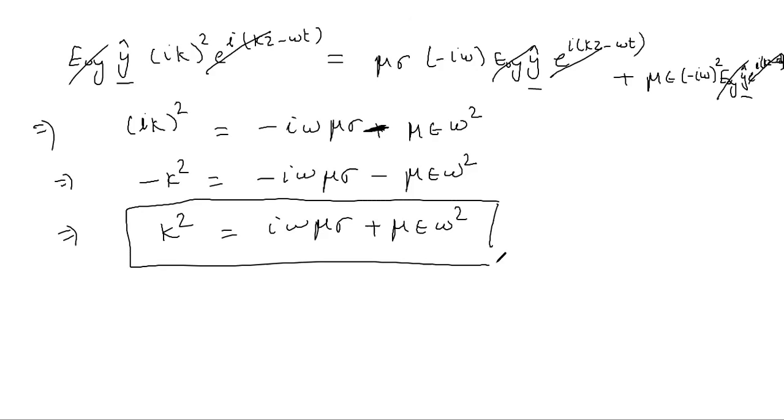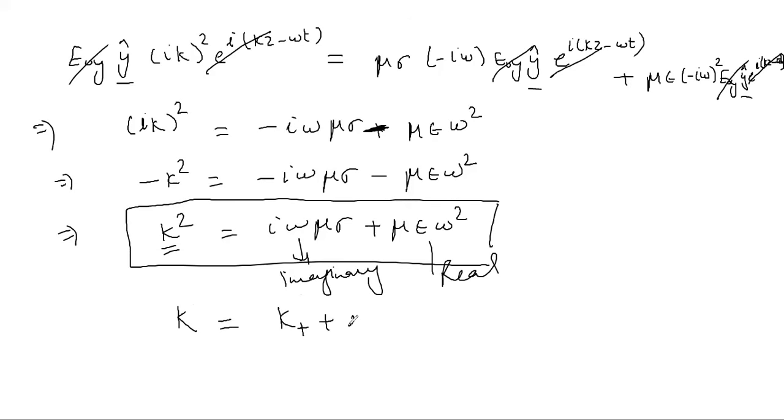Now if you have square of something, and that has a real part and an imaginary part, that would mean that this term has to be made up of two parts, one of which is going to be real and the other one has to be imaginary, right?